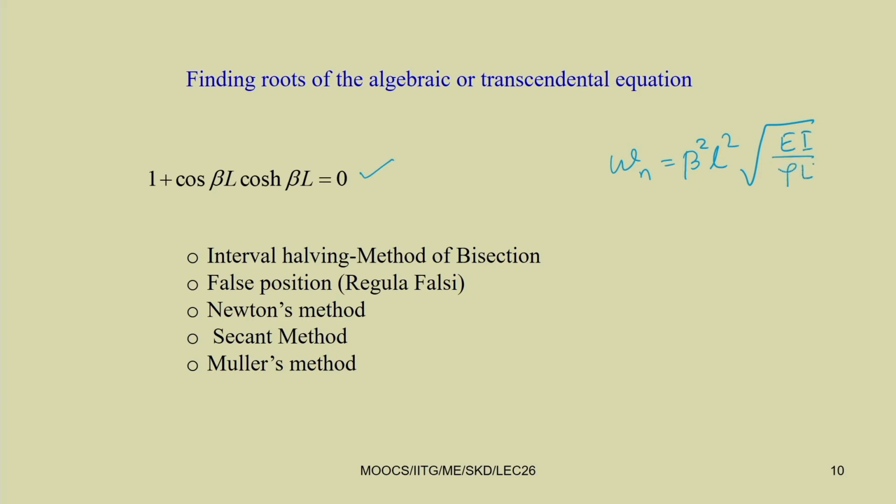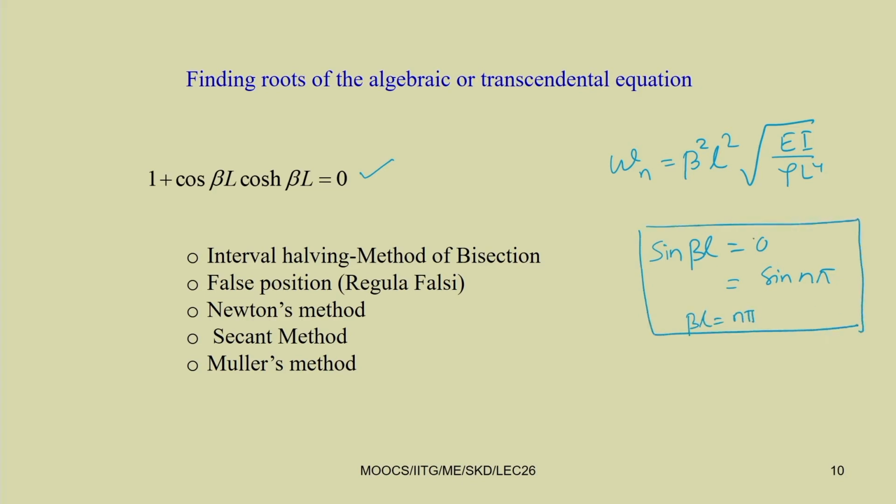For the Euler-Bernoulli beam equation, for different boundary conditions we can find the characteristic equation. For example, in case of a simply supported beam, we have the equation sin beta L equal to 0, so beta L equal to n pi. This is for the simply supported beam.